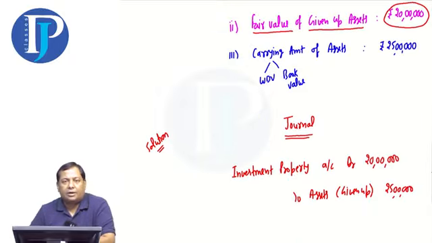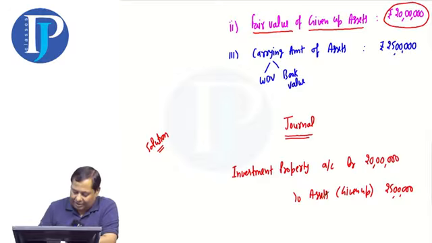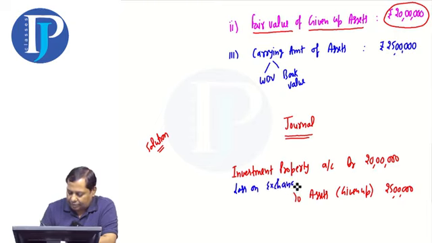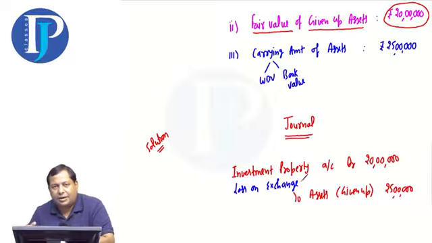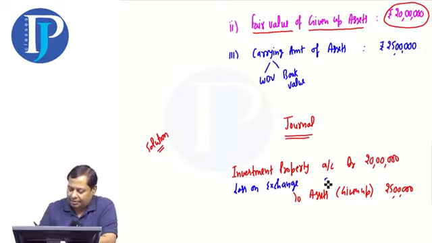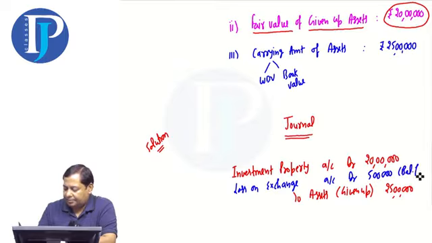How much is the loss? Gave the assets at 25 lakhs and received at 20 lakhs, loss on exchange. So in a way, it is assumed that an asset worth 25 lakhs was sold at 20 lakhs, because you have 20 lakhs consideration. So the remaining 5 lakhs is loss on exchange. Balancing figure.